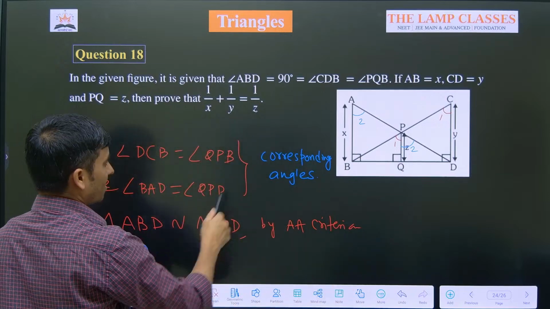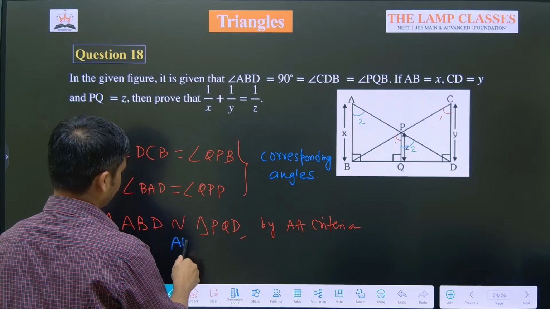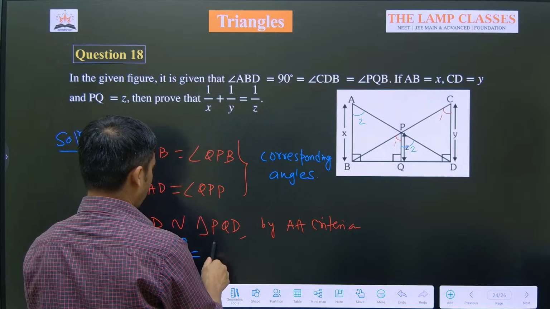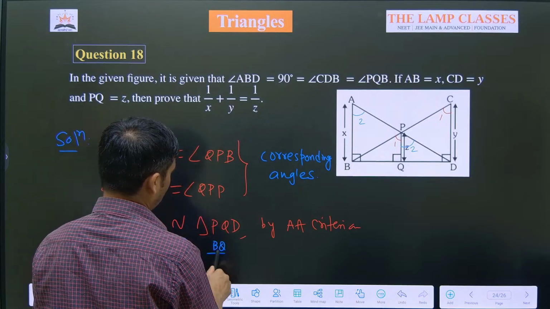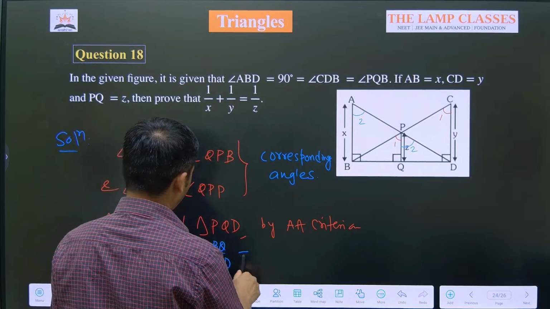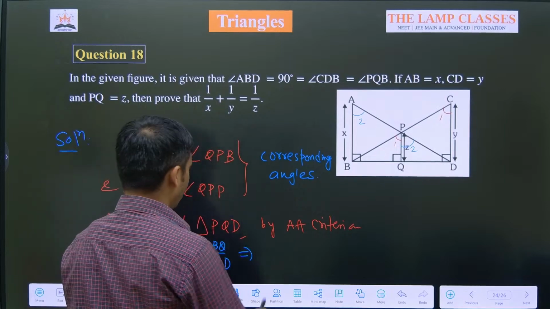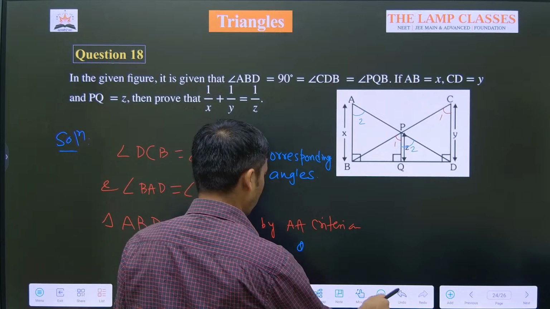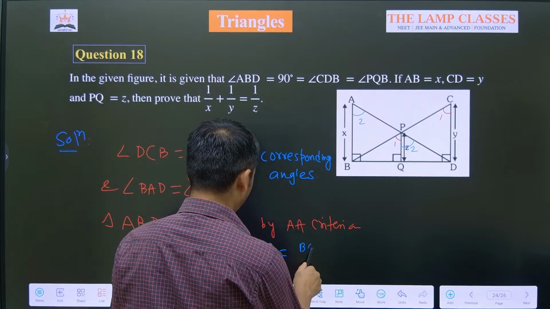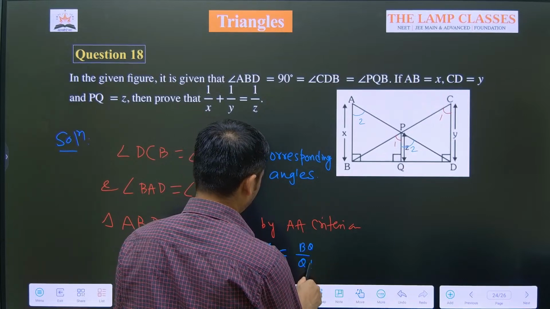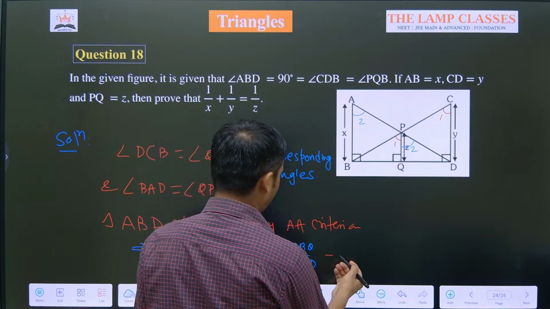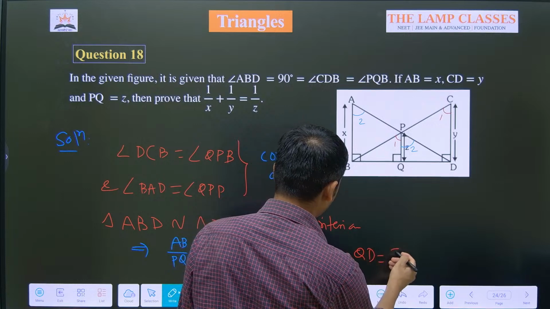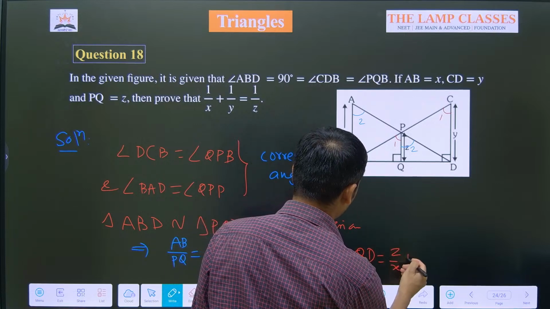That means AB upon PQ must be BQ upon QD. Already we know AB, it's given X upon Z is equal to BQ upon QD, right? If you want, you can cross multiply and find QD. QD is Z upon X into BQ.